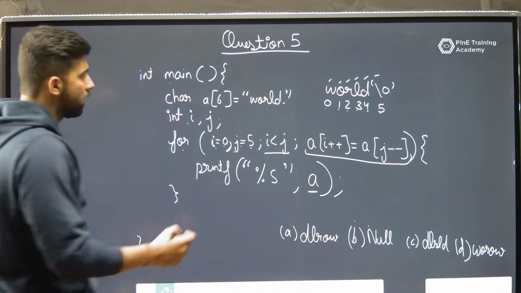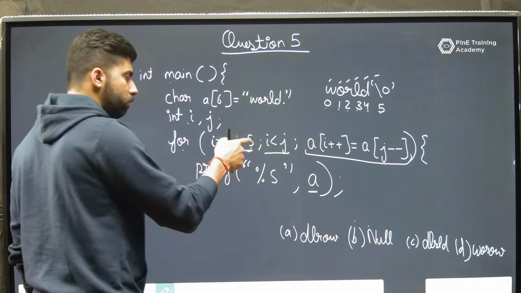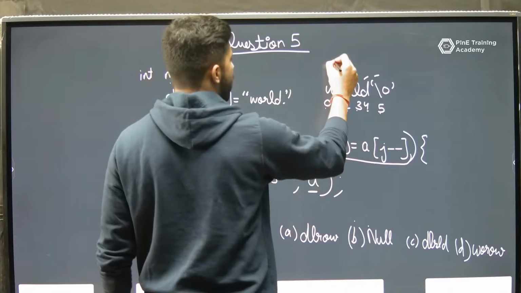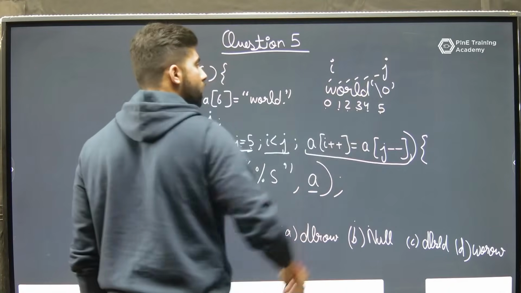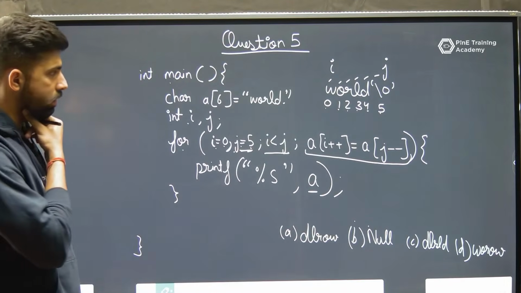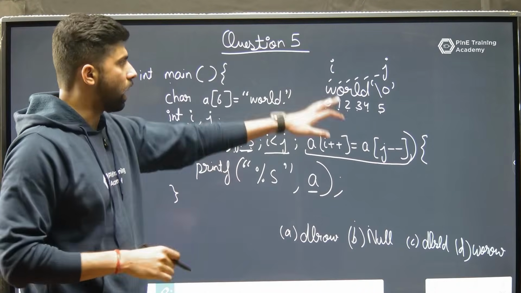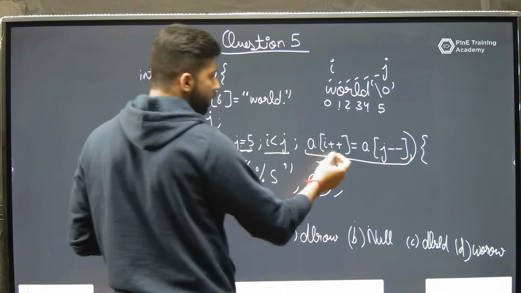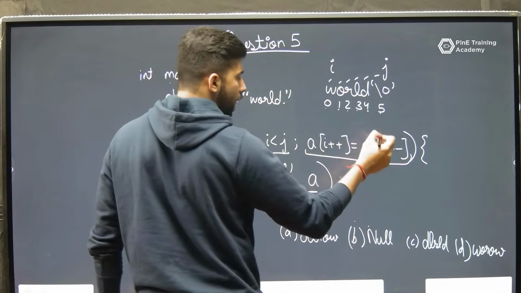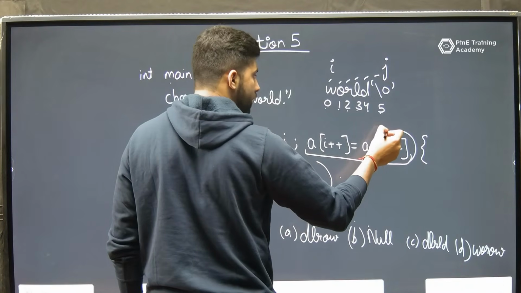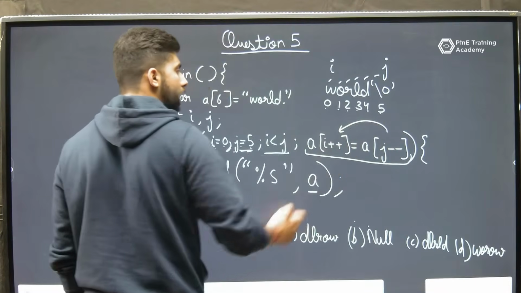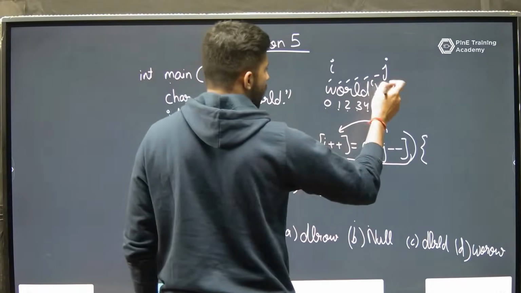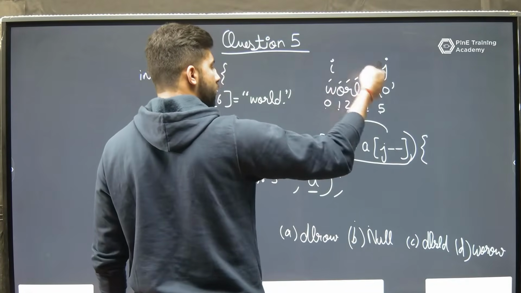If you notice, our j is starting from the null character, which means I have i from here and j from here. Okay, so j is starting from a null character. And what I'm trying to do is assign the value of j to i, which means I'm trying to bring all of them towards the front.